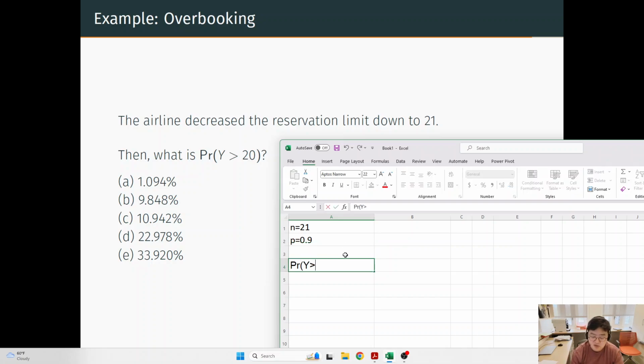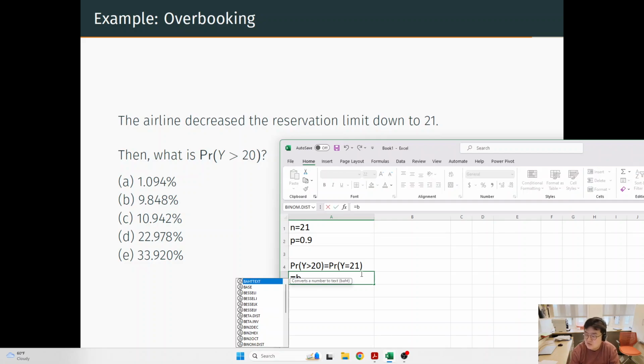Now we are calculating probability greater than 20, defined by an inequality. It's not convenient to handle, so you have to change it to an equality. Because at most there can be 21, the only case the airline is in trouble is when all 21 ticket holders come to the airport. How do we calculate that?